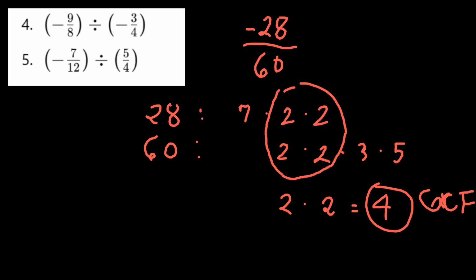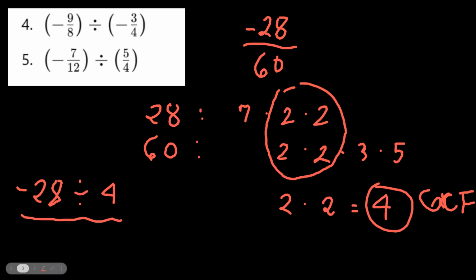So let's divide both negative 28 and 60 by 4, because that's their greatest common factor. Negative 28 divided by 4 gives us negative 7. Remember, negative divided by positive is negative.